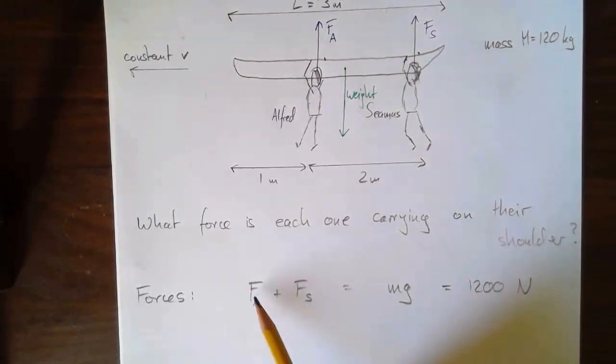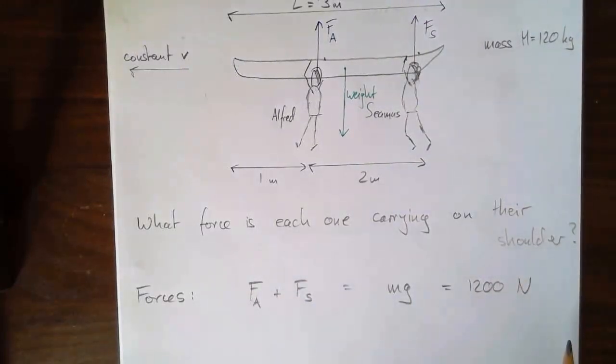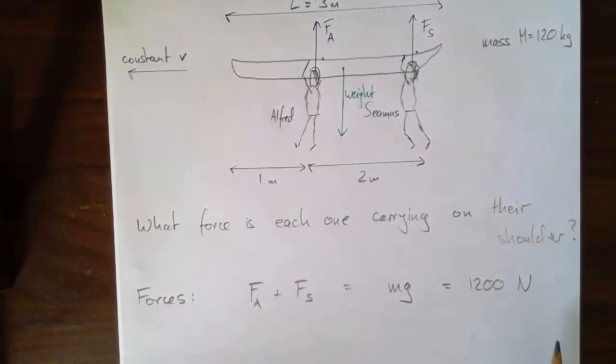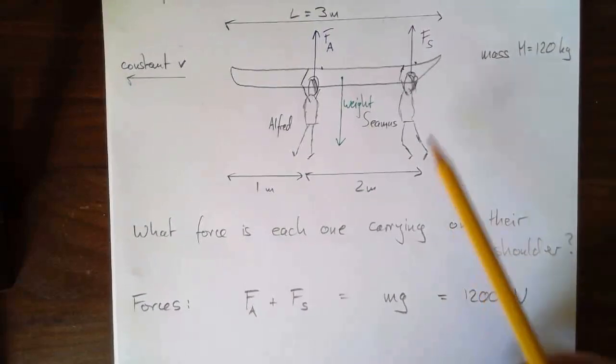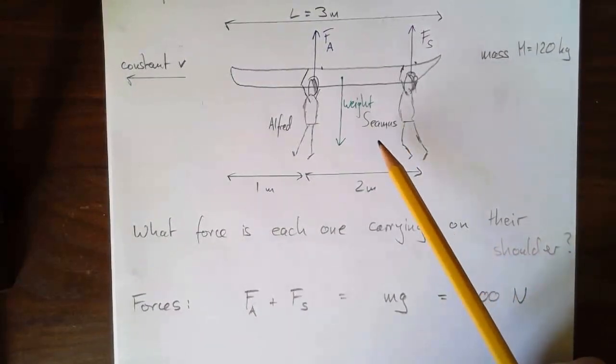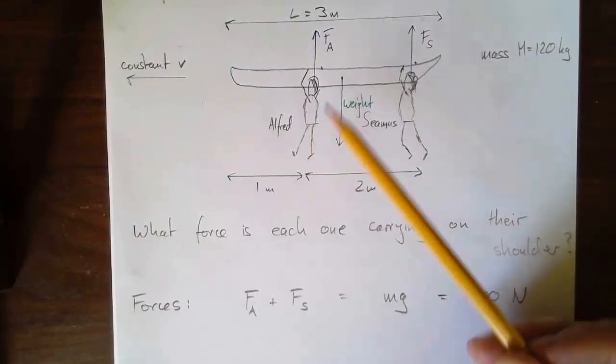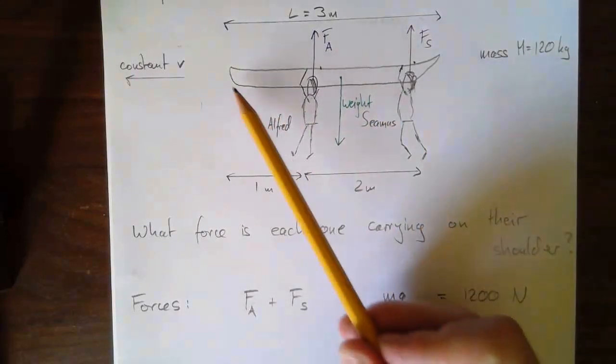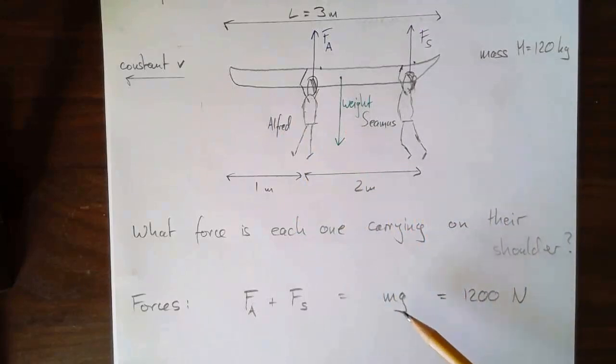Okay, now we can't solve this because there are two unknowns, so we need something else. Well, let's use torque. Now the question is torque around which point? What's the pivot point? I mean, which way might the canoe tip? Now it turns out, because the canoe is not rotating, there is zero torque about any point whatsoever.